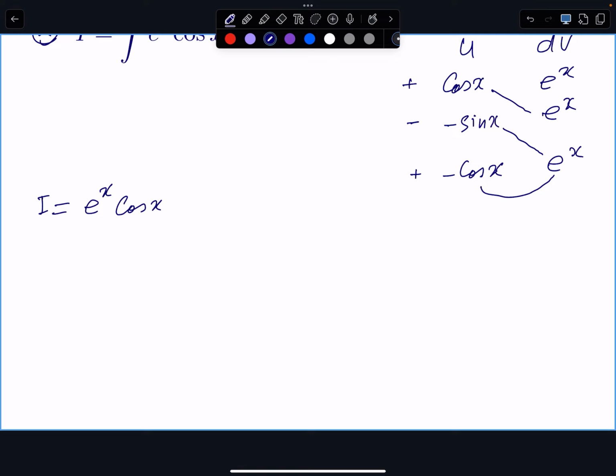And then what do we have here? Plus e to the x sine x. And now the integral. The last one is going to be minus the integral of e to the x cosine x dx.